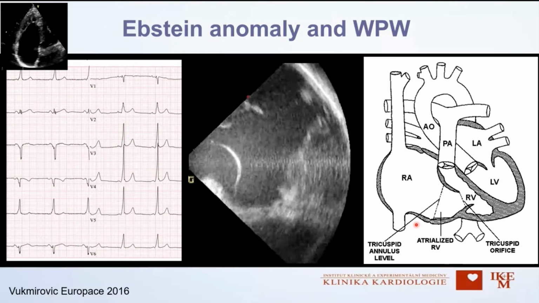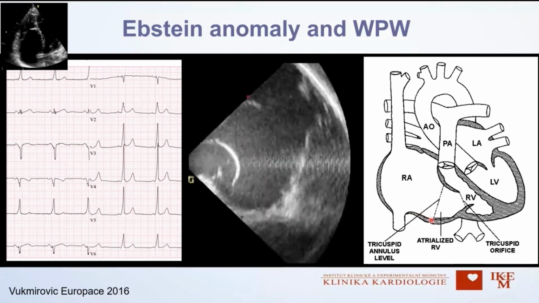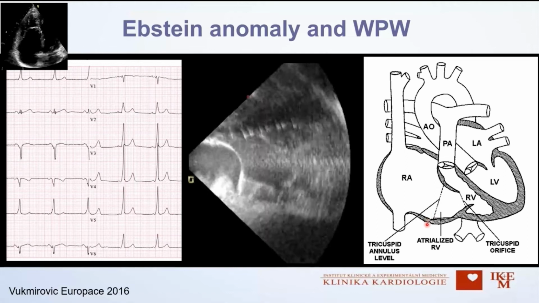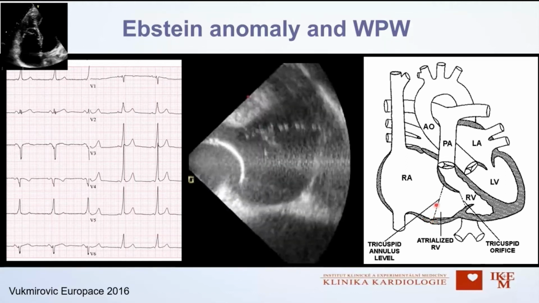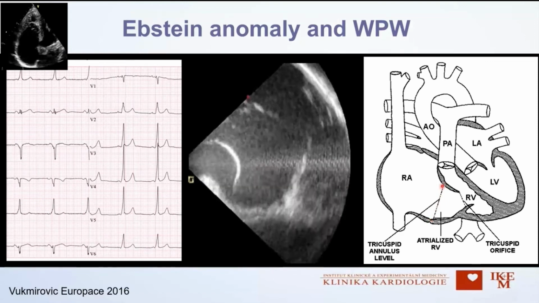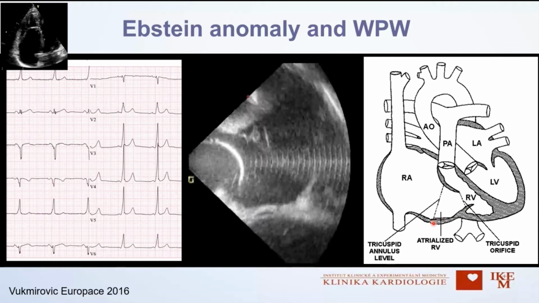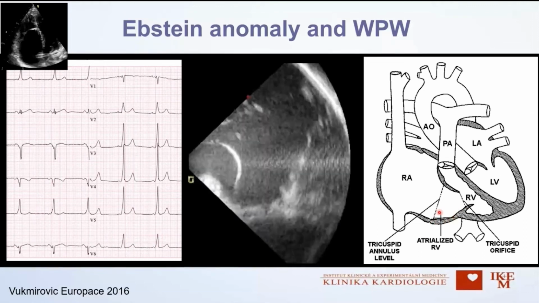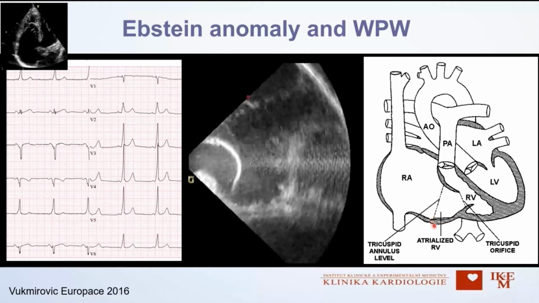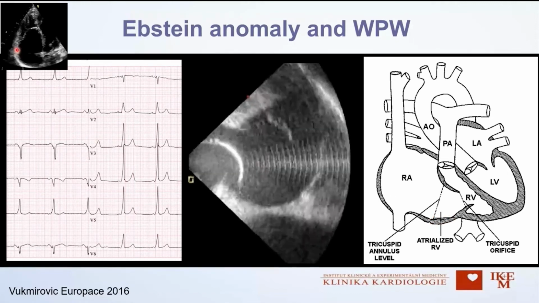And the important part when you're trying to do this mapping is to really aim your target at what's supposed to be the origin of the annulus, not where the tricuspid valve is really displaced, because this part, the so-called atrialized right ventricle, is full of a lot of fragmented potentials. It's not that easy to interpret them. So obviously in this image, here would be the target.